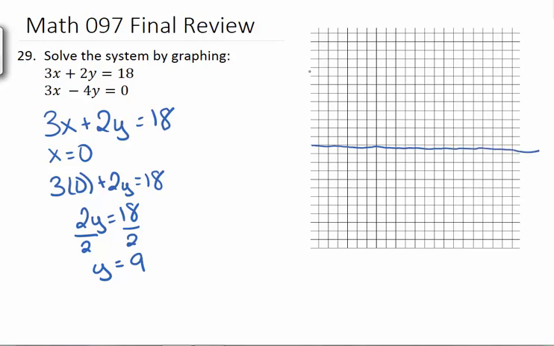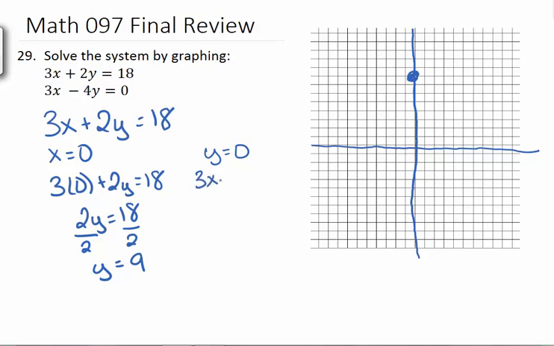So first we need to define our axes. It's kind of hard to draw a straight line here, but you'll be able to get the general idea. So over 0 and up 9. 1, 2, 3, 4, 5, 6, 7, 8, 9. Right here. The next thing we should do is try to let y be equal to 0.